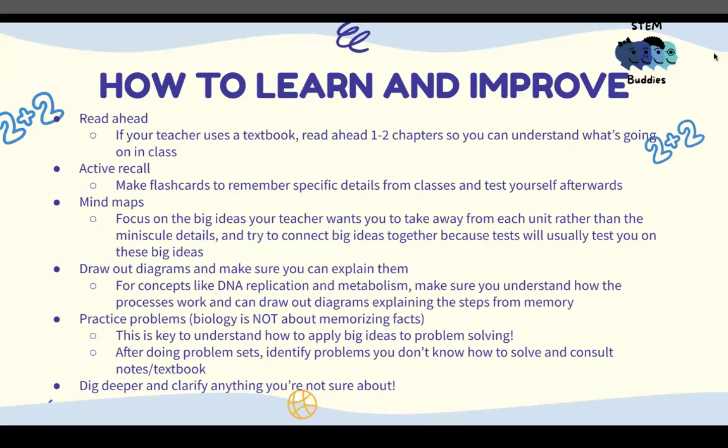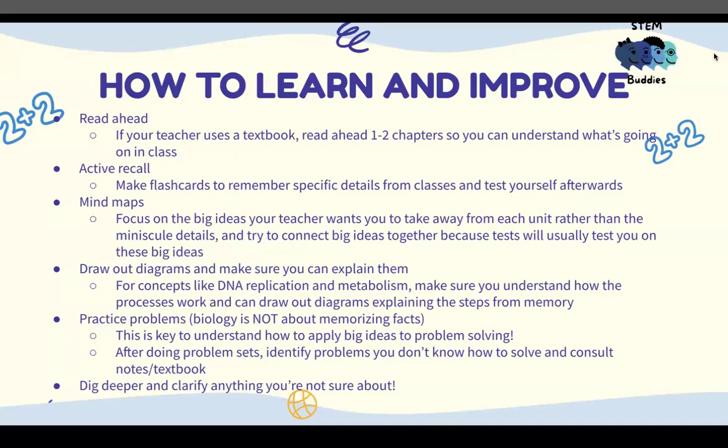So next to help you with conceptual knowledge is to actually draw out diagrams and make sure that you can explain them. So this is especially important for really tricky concepts such as DNA replication and metabolism, because for those, there's a lot of processes that are involved and a lot of different cycles that you kind of have to memorize.